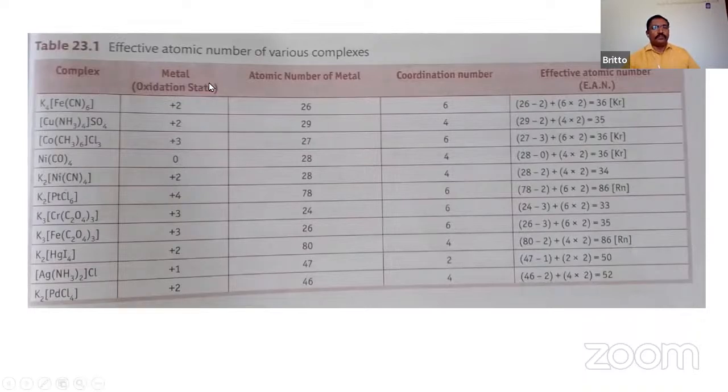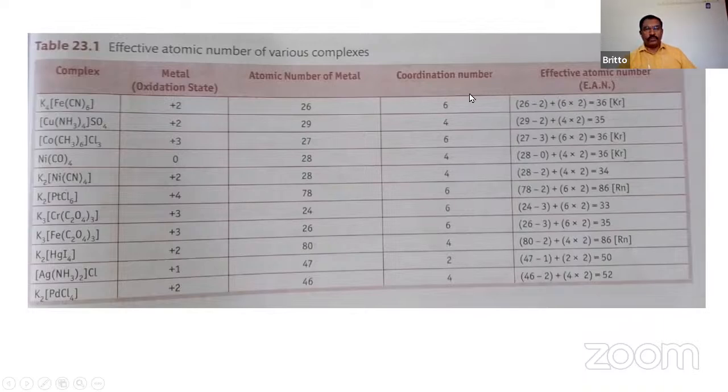if you look at the different complexes, they have given potassium hexacyanoferrate. Okay, hexacyanoferrate 2: iron in the +2 state, atomic number 26, and in the +2 oxidation state 2 electrons are gone, so 26 minus 2, 24.